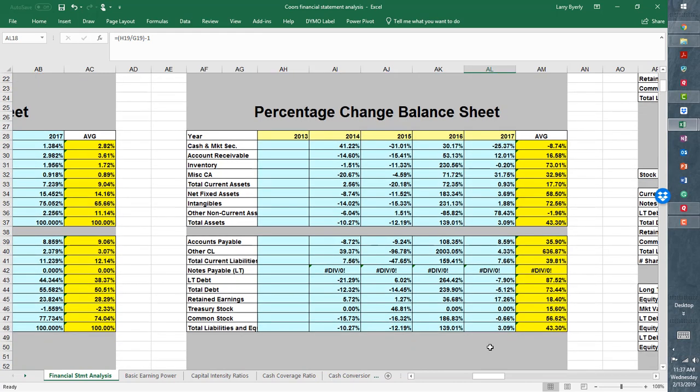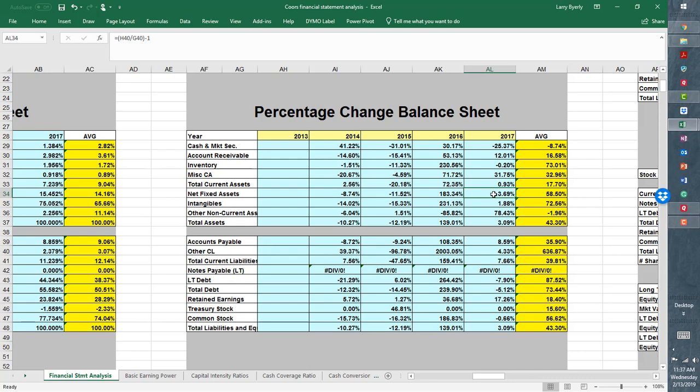Likewise, if we look at the changes in assets, we can see that there's a tremendous amount of change. Remember, we talked about the change in sales and how that happened. Well, in 2016, assets increased by 183%, which means now the income in 2017 is going to reflect the increase in assets from the year before.